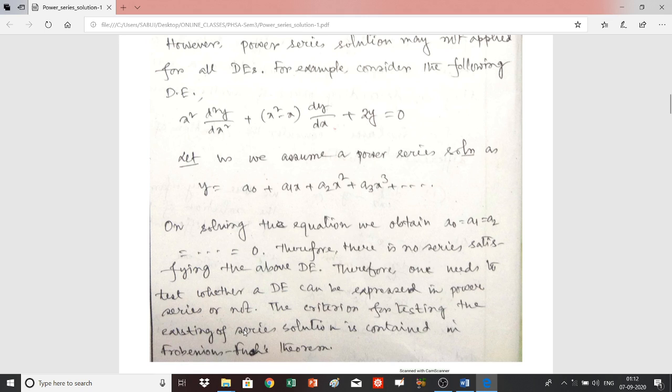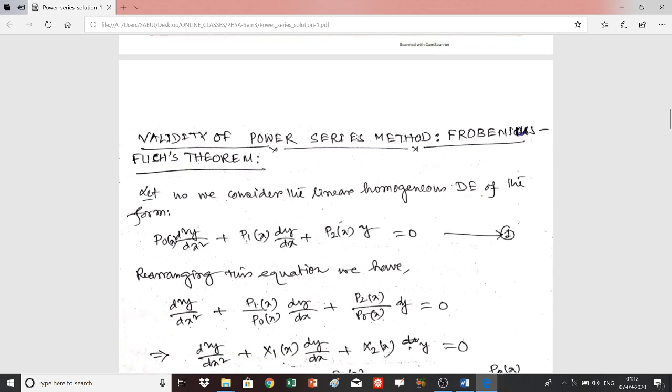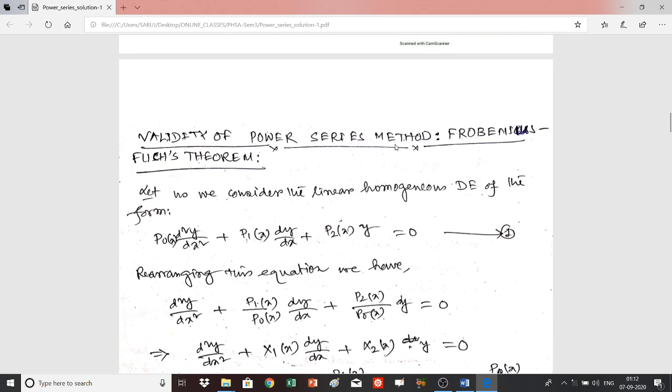And using the Frobenius-Fuchs theorem, we can easily understand whether a given differential equation can be expressed in power series method or not. Here we have discussed in this section the validity of power series method, and then Frobenius method. Then we will discuss the Frobenius-Fuchs method.